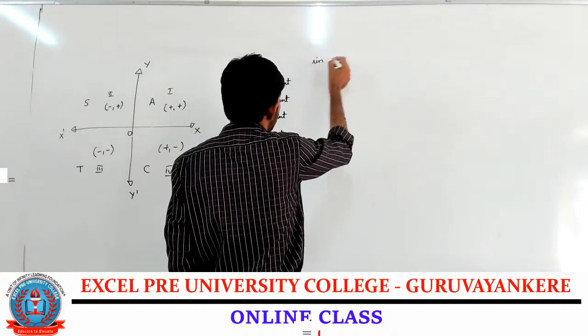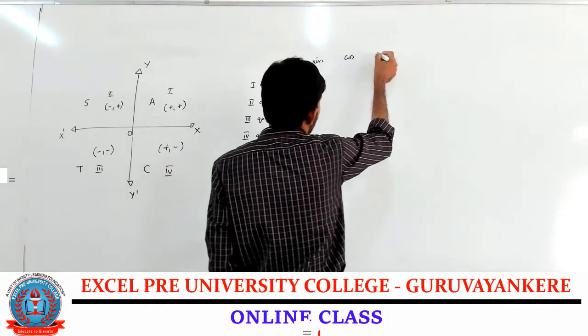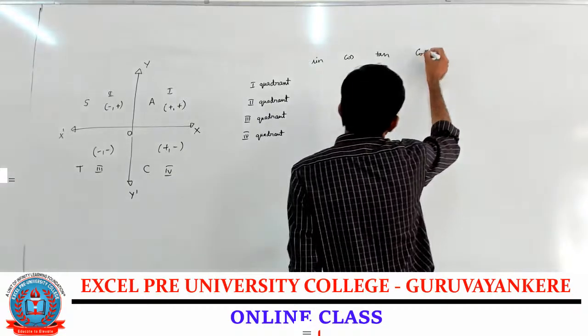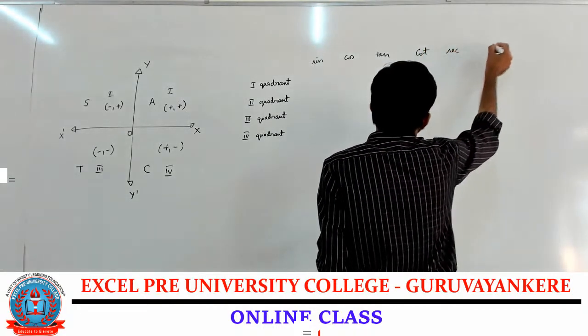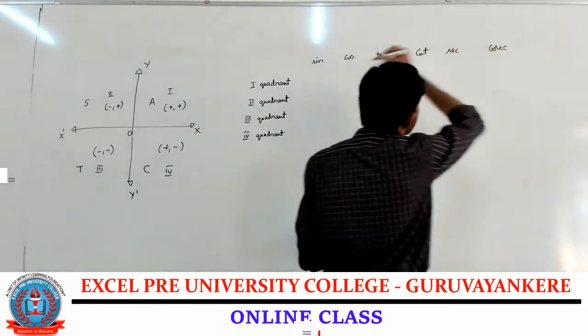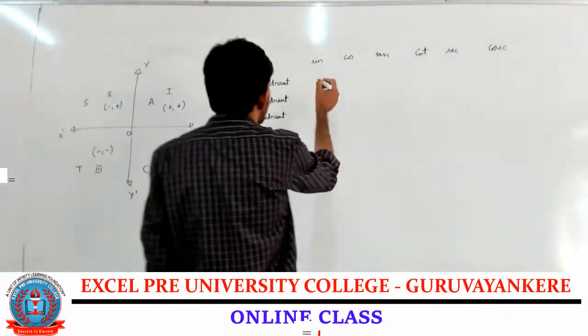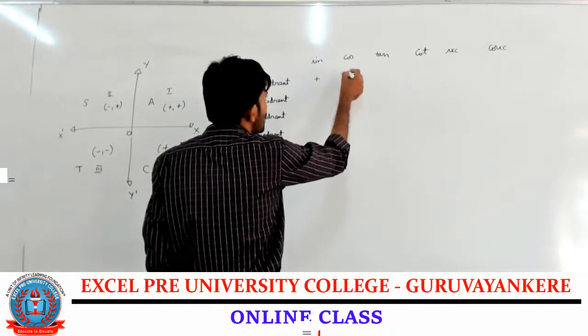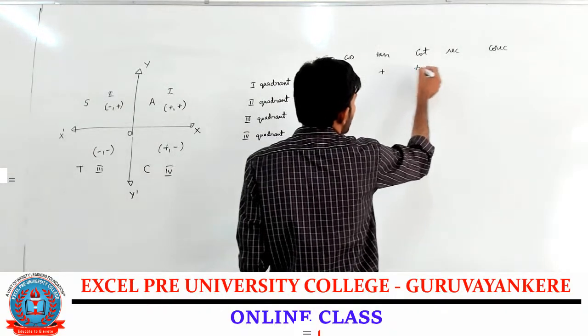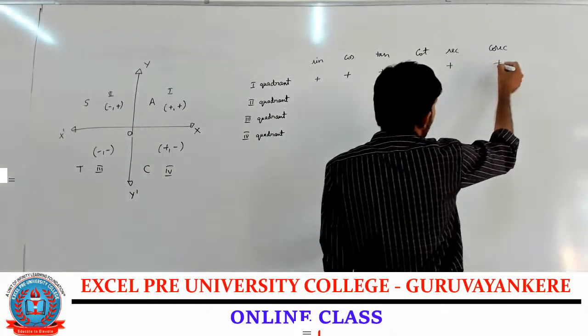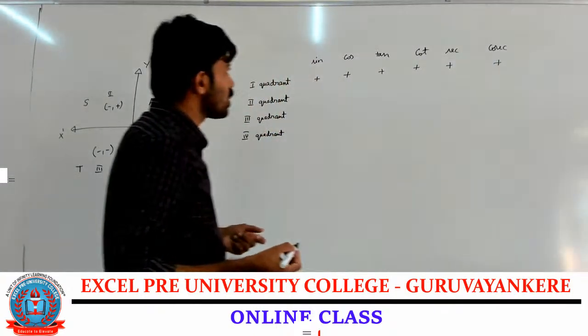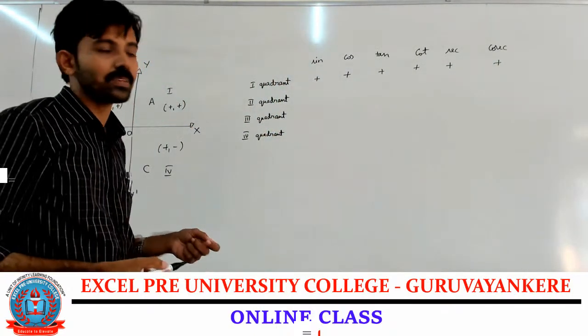Sine, cos, tan, cot, sec and cosec are the 6 trigonometric functions. So it is plus, plus, plus, plus, plus, plus: all 6 trigonometric functions are positive in the first quadrant.